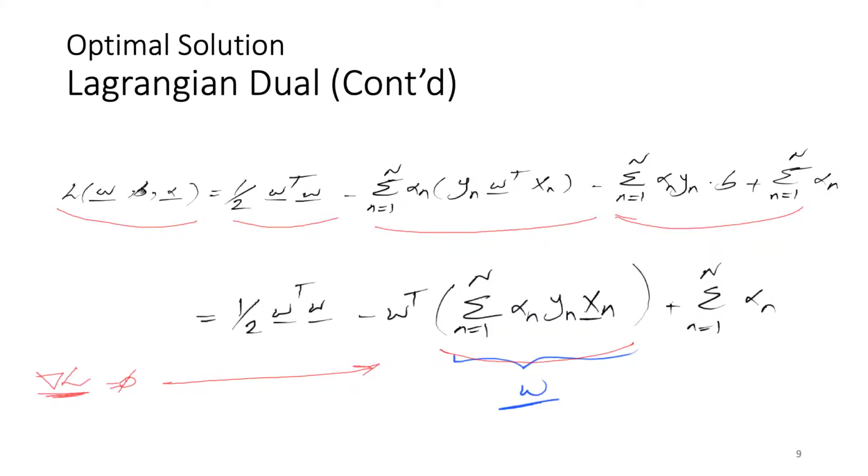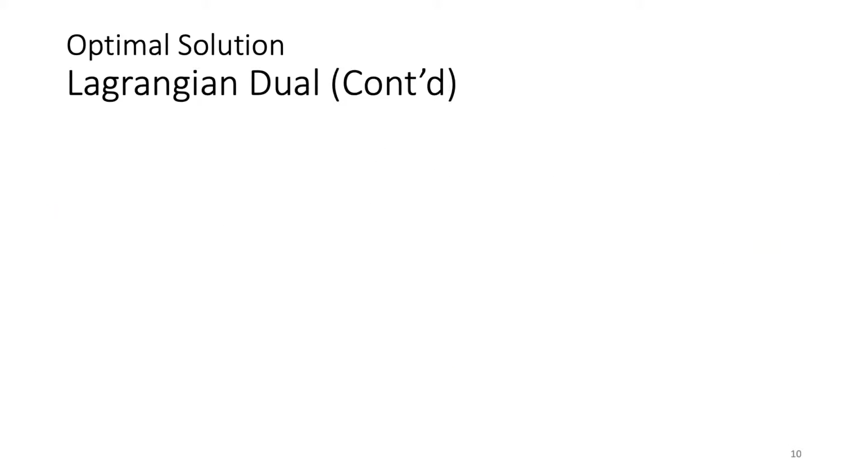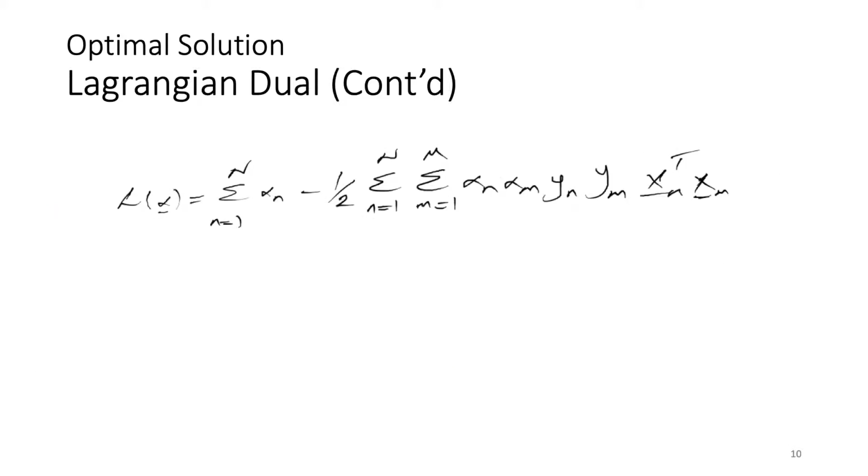Right. So now if you want to find alpha for that, the form corresponding to alpha would be the summation over n from 1 up to N of alpha_n minus 1/2 the double summation over m and n. So now we need to find these parameters.